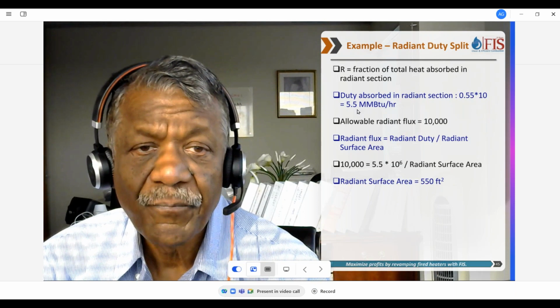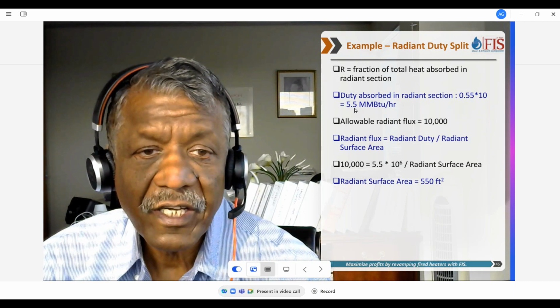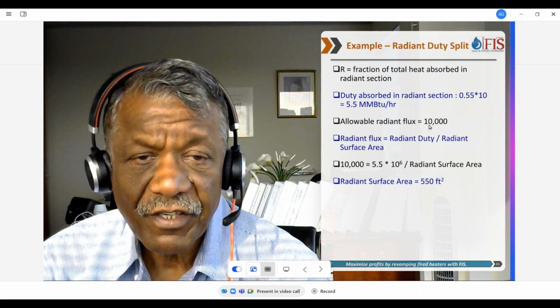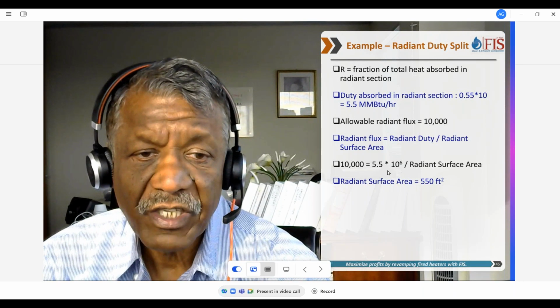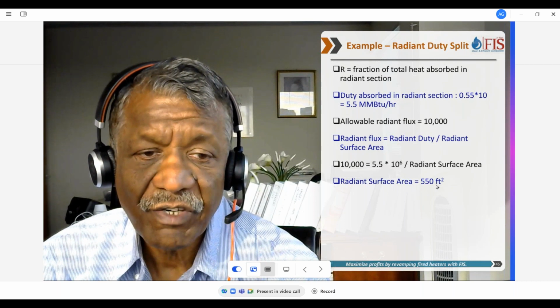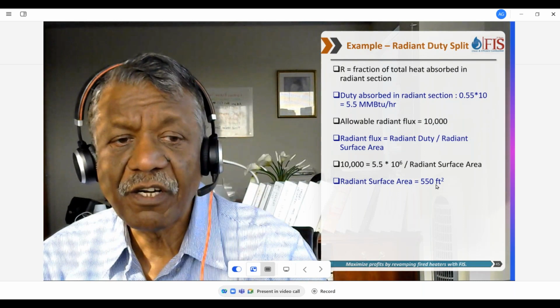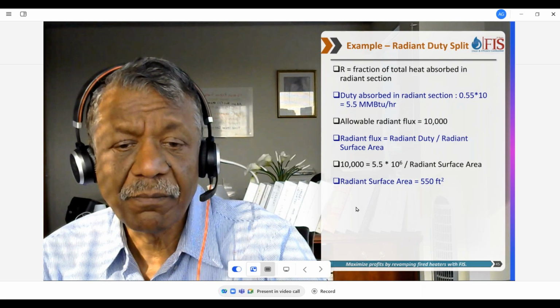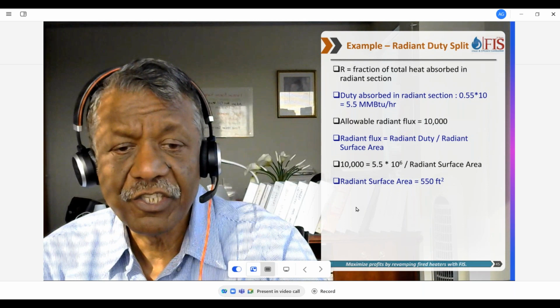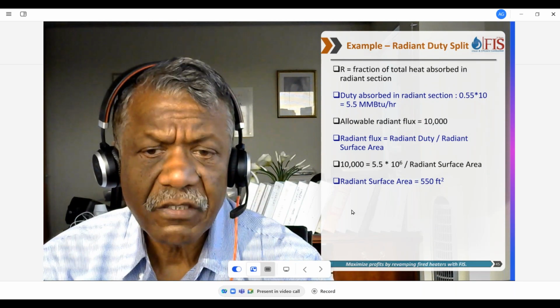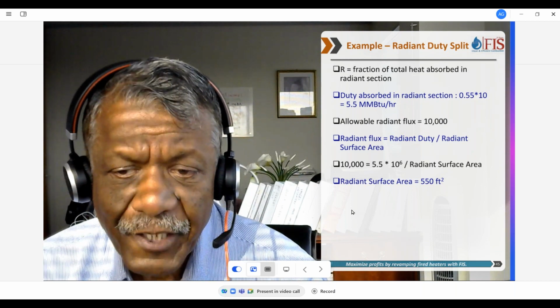So you know the total heat duty absorbed in the radiant section is 5.5. We assumed 10,000 flux, so we can calculate 550 square feet of area, and then we can do the number of tubes and size of tubes and number of passes and all those other calculations. So the radiant section is not very complicated.